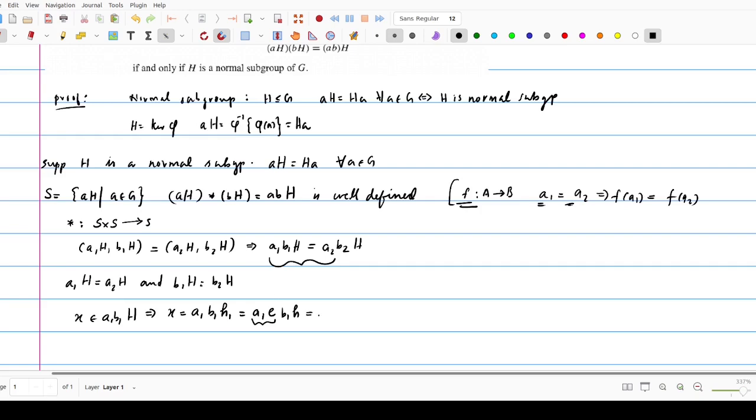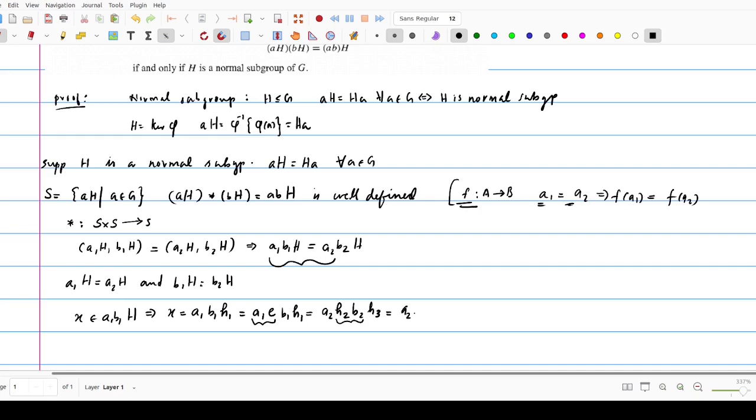Okay, so a1e can be written as a2 times some element h2, and we know that b1H is the same as b2H, so we write this as b2 times some h3. We also assume that H is a normal subgroup, so the left coset coincides with the right coset. That means this is an element of the right coset of H due to b2, which is the same as b2 times some h3.